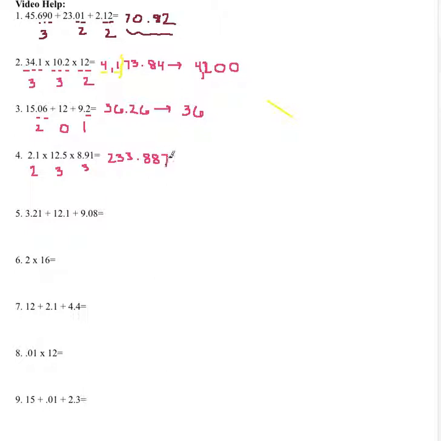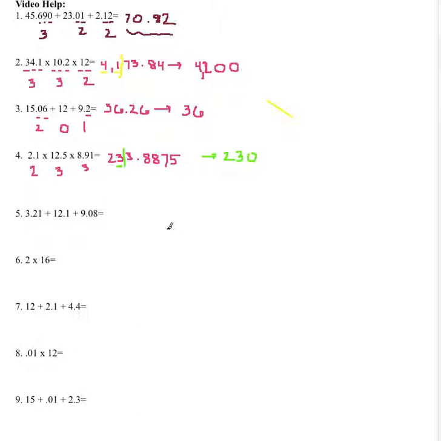Now, since I only want 2 significant figures, I need to round this. So I need to round this 3 so that I only have 1, 2 sig figs. So it's going to be 2, 3. And then if you look at the number behind the 3, that's less than 5, and so this is going to stay a 3. I'm not going to round it up. And then remember to put a 0 to hold the place, so you're not taking 233 and making it 23.